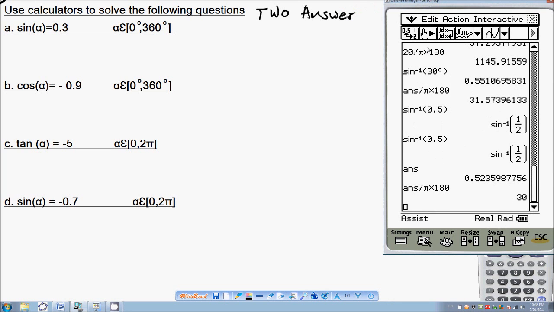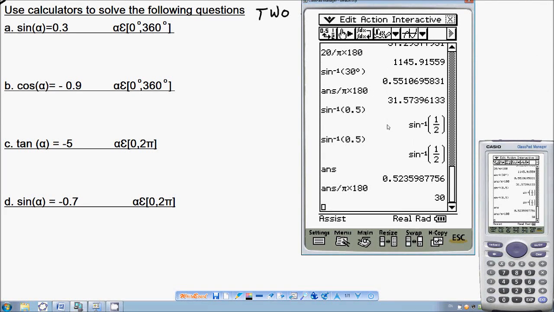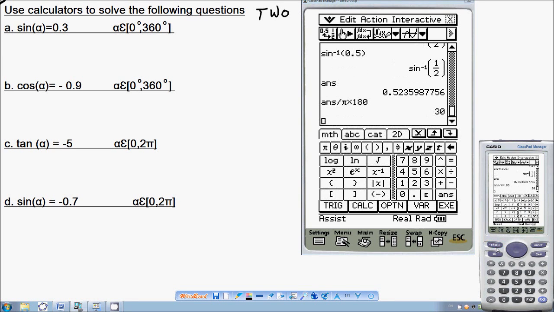In the calculator, click on Main to go to the main page for calculation, and there's a button called Keyboard. Just click on it and a keyboard will appear on your screen.